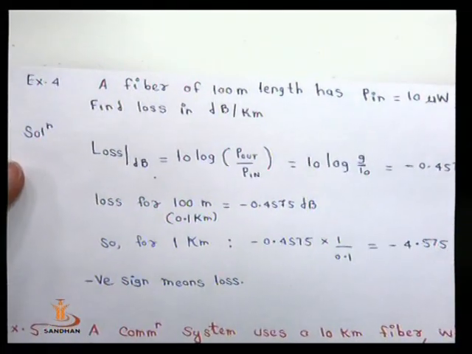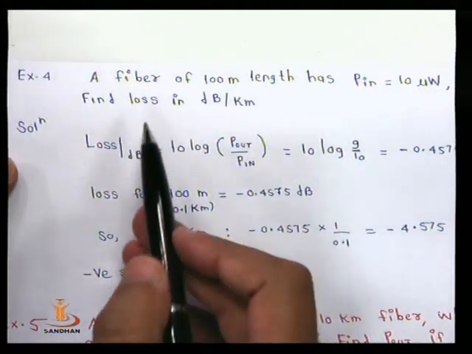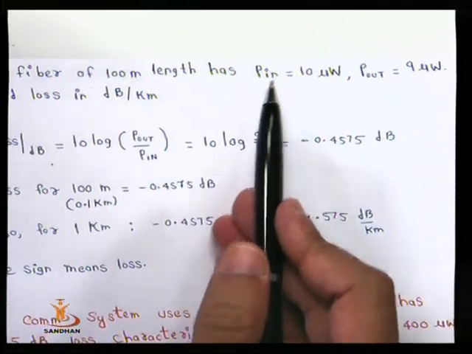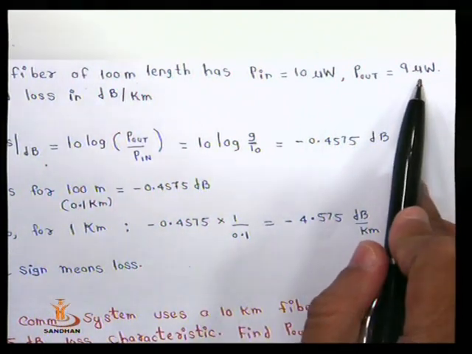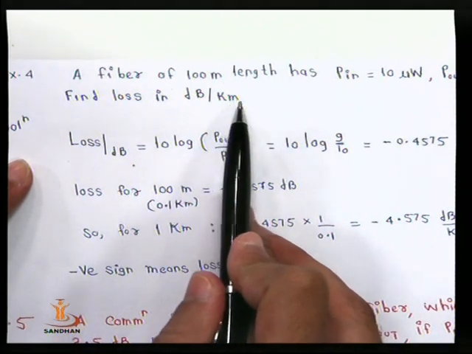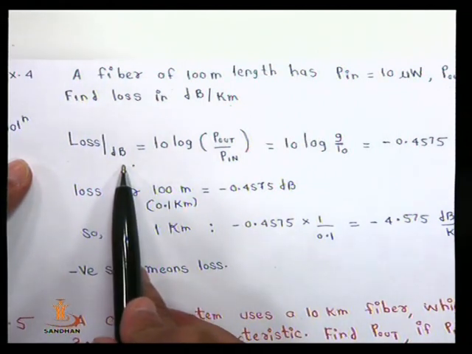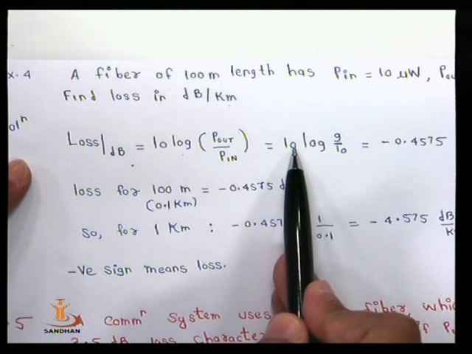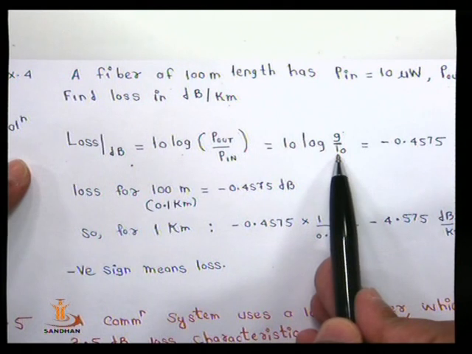Another numerical is based on the losses. A fiber of 100 meter length has a P input, power input, equal to 10 microwatt. Power output is 9 microwatt. Find loss in decibel per kilometer. Normally losses in a fiber are calculated in decibel per kilometer. So loss in dB equal to 10 log P out by P in equal to 10 log of P out, which is 9 microwatt, and P in is 10 microwatt.